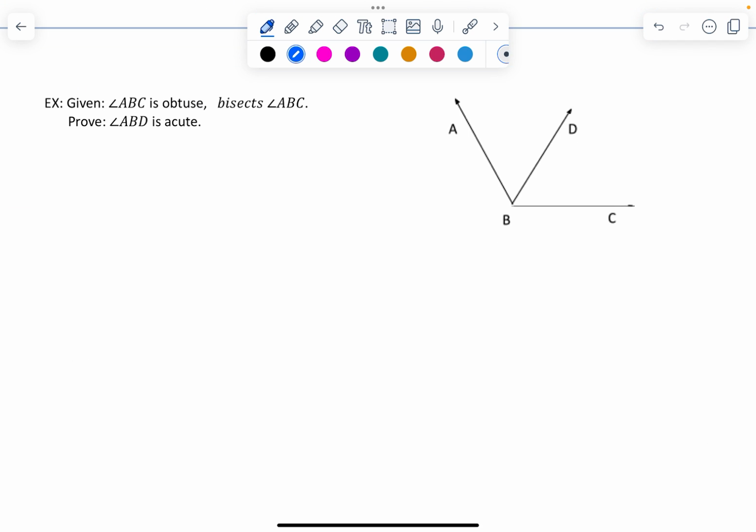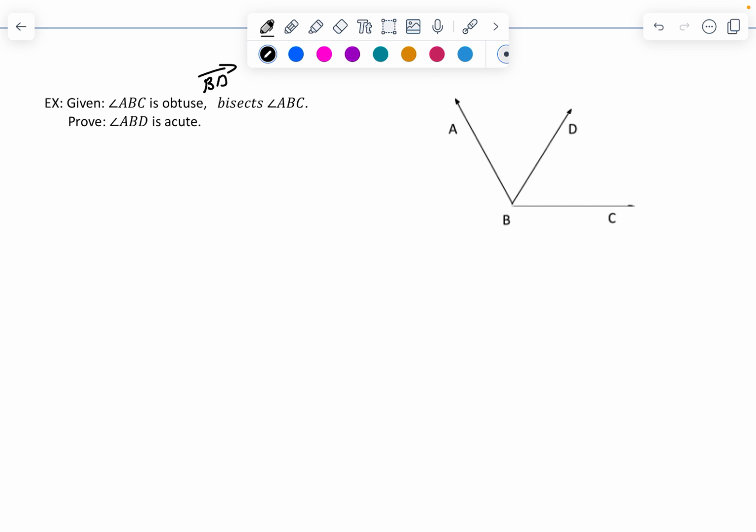Finally, we have our given where ABC is obtuse. Oh, there should be a little BD here. Ray BD bisects angle ABC, and we want to show that angle ABD is acute.